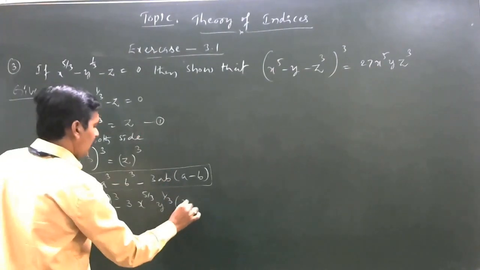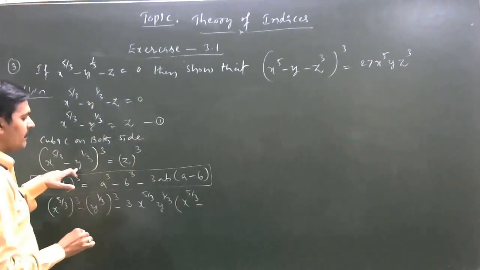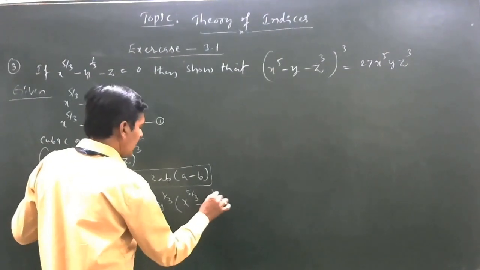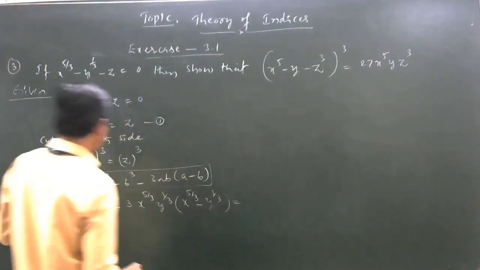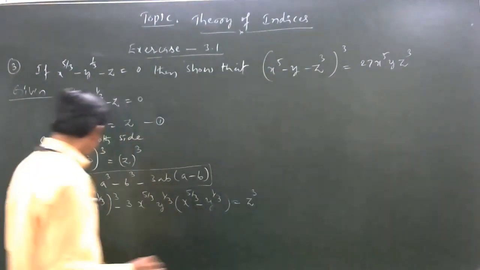What is a minus b? x power 5 by 3 minus y power 1 by 3, and that is equal to z, so z cube.